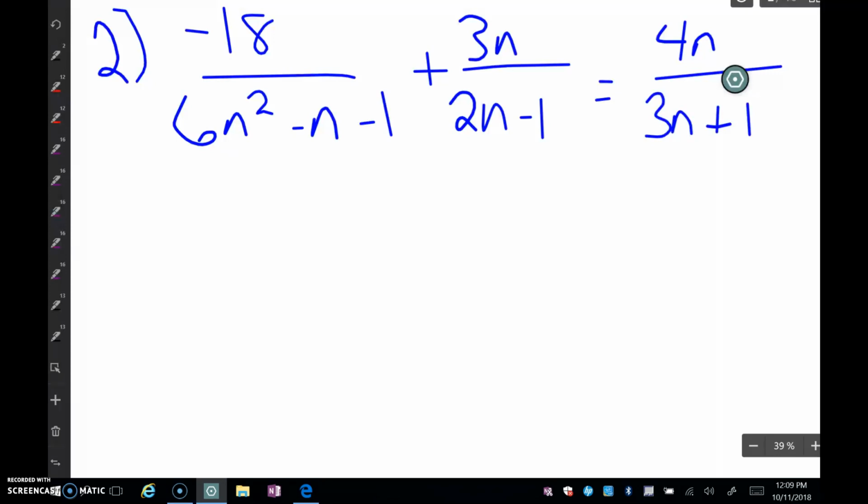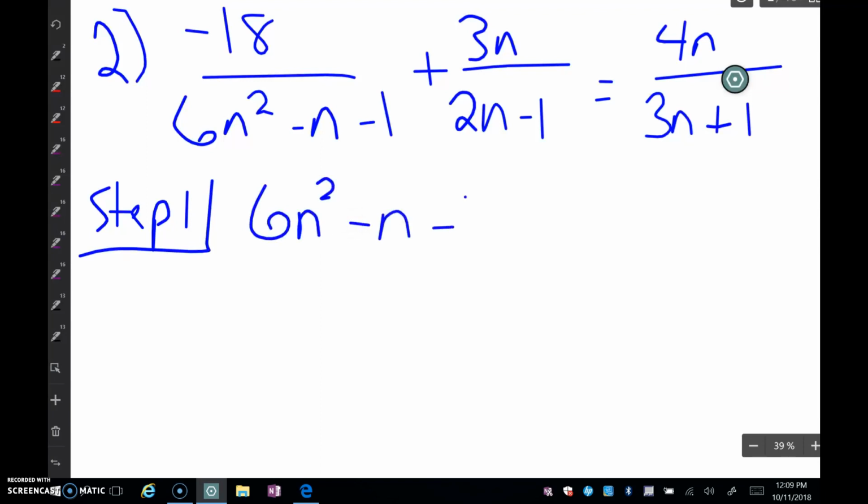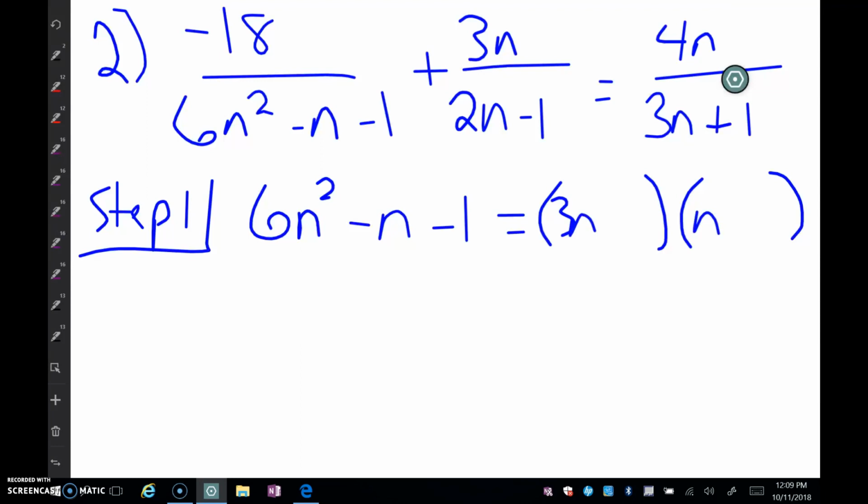Okay, so the first thing you want to do is to factor any denominator you've got. So the 6n squared minus n minus 1, I'm going to play around with this one. Let's see, I think it's 3n and n... I'm sorry, 3n and 2n, let me redo that one.